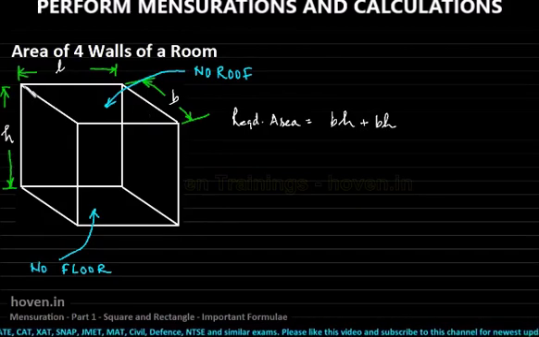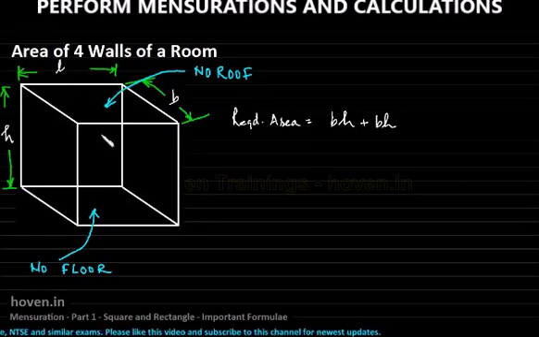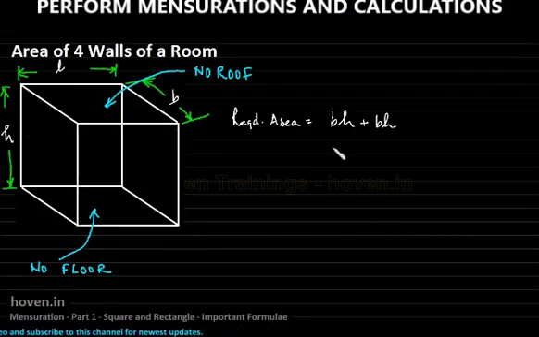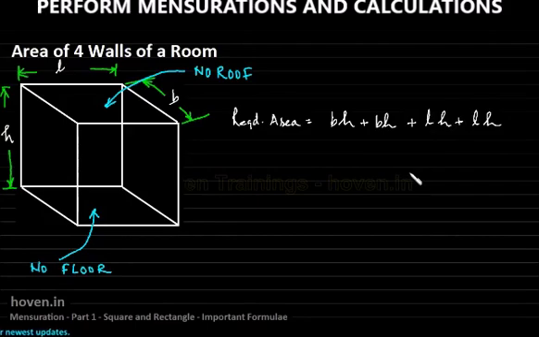Similarly, come to the back wall. This L and this H, they form a rectangle, and opposite to the back wall and the front wall, you have the same area, the LH for back wall and LH for the front wall. So we will write it as plus LH plus LH.